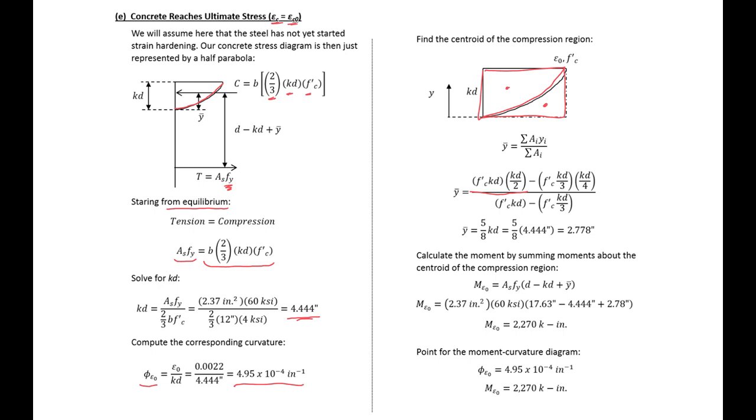Doing this, we'll find y bar is equal to 5/8 KD. And then we can use that again to find our moment, just taking our force times our lever arm. So then we have our next point for our moment curvature diagram.